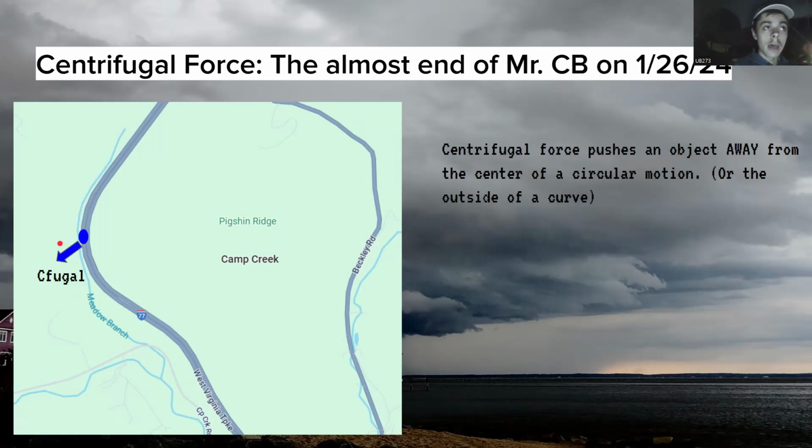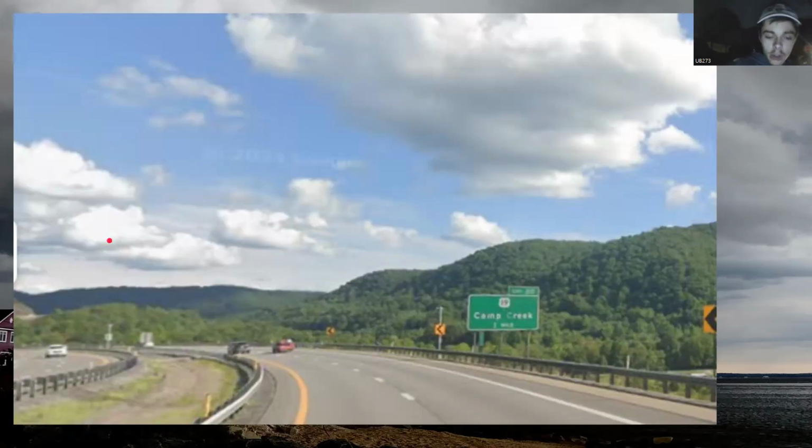I was already turning the wheel to the right anyways because I was going back over into the right lane, but there was also a curve to the right. So that combined with the centrifugal force and the black ice, which I could not see, and that I was going downhill, that was a combo of disaster. So this is what it looks like at that point.